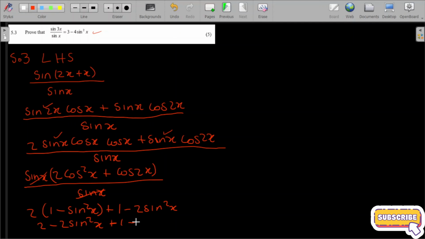This is just plus 1 minus 2 sine squared x. Then from here, I'm having this 2 plus 1, which is just 3, and negative 2 sine squared x, another negative 2 sine squared x, which is just negative 4 sine squared x. And you can see this is just the same as my right hand side. I hope we are on the same page.